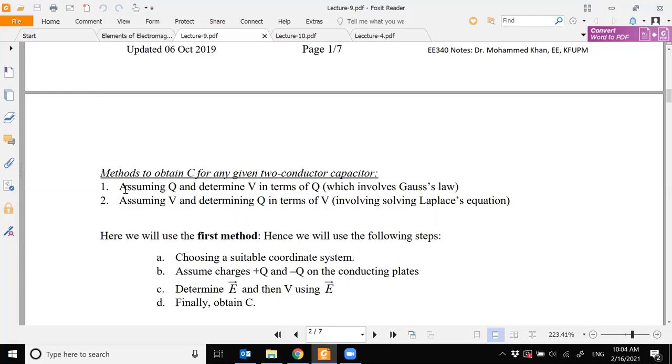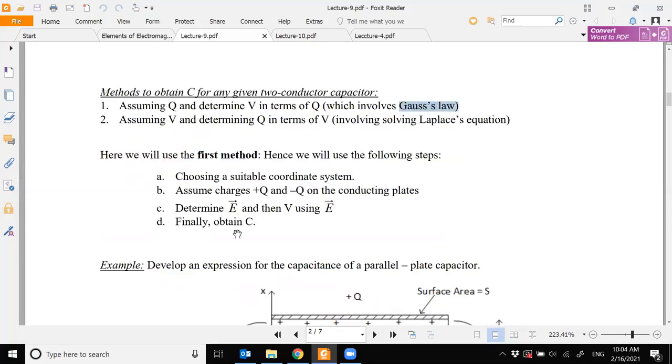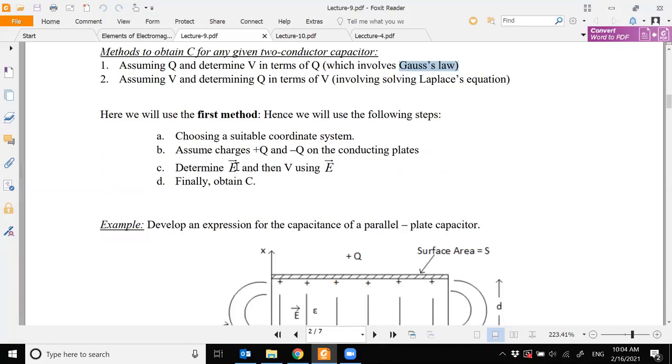We did the first one, when we know Q, which involves Gauss's law. These were the steps: we go for a coordinate system, then we put the charges, first we find the electric field, then from the electric field we find the potential difference, and finally the capacitance.